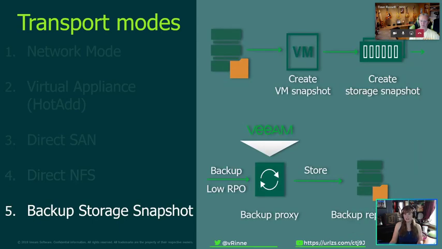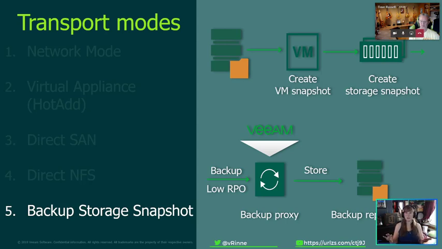Last but not least, we're actually tapping into something that's a little deeper. This is going to be your underlying storage system. To do this, we use a native protocol that exists on a lot of industry standard storage systems that are out there today. We'll create a VMware snapshot, and then we'll immediately go down to that storage and tap into those storage systems to create a storage snapshot.